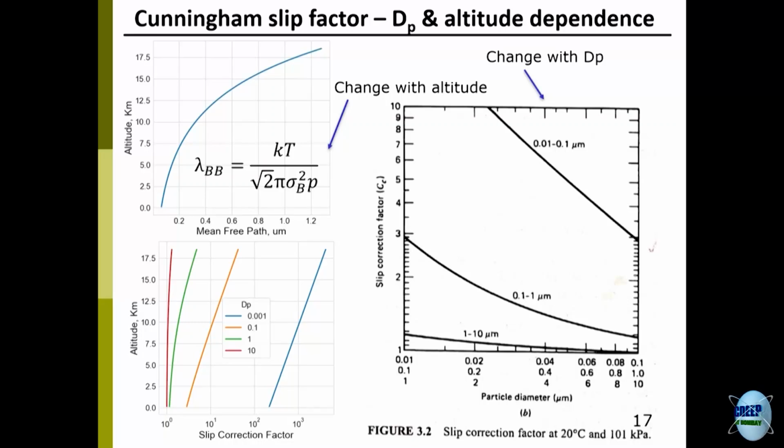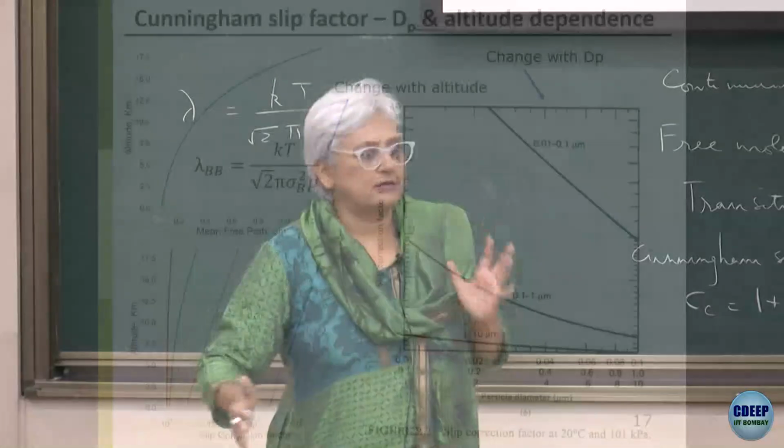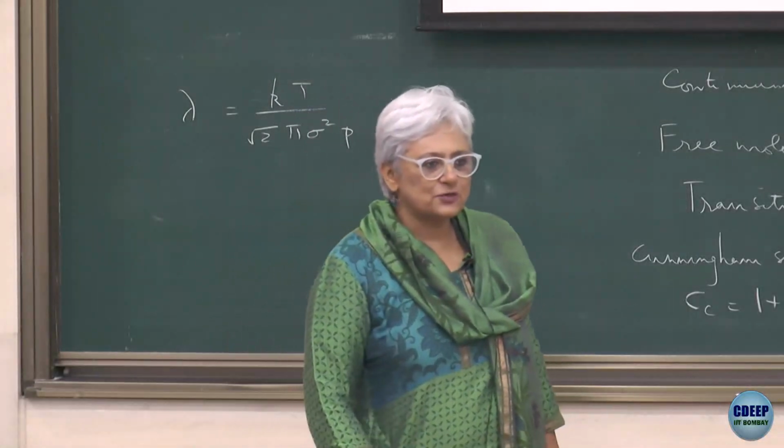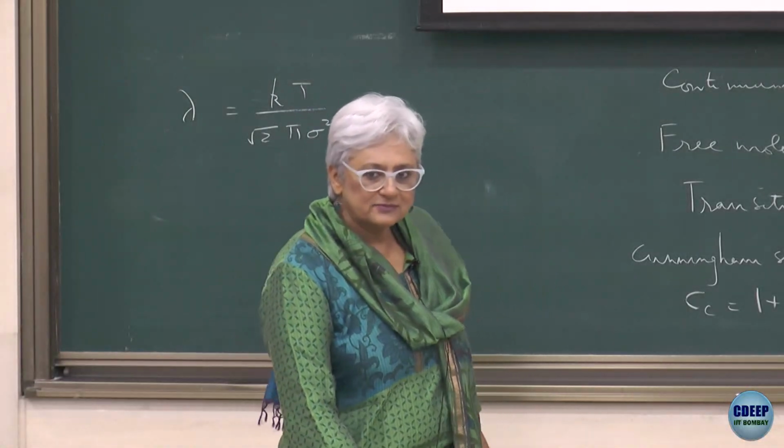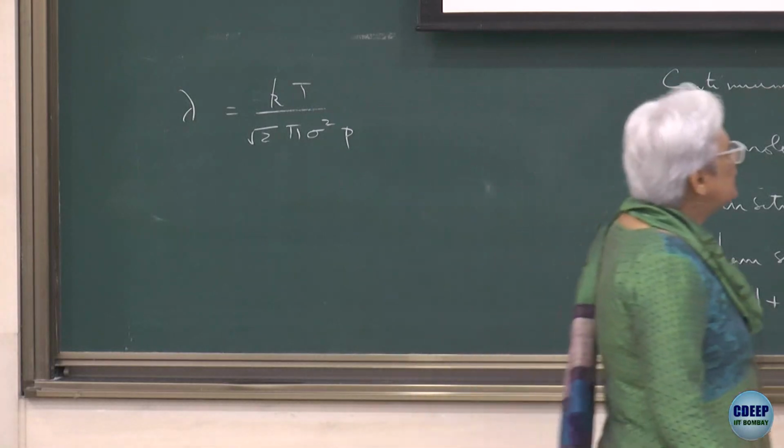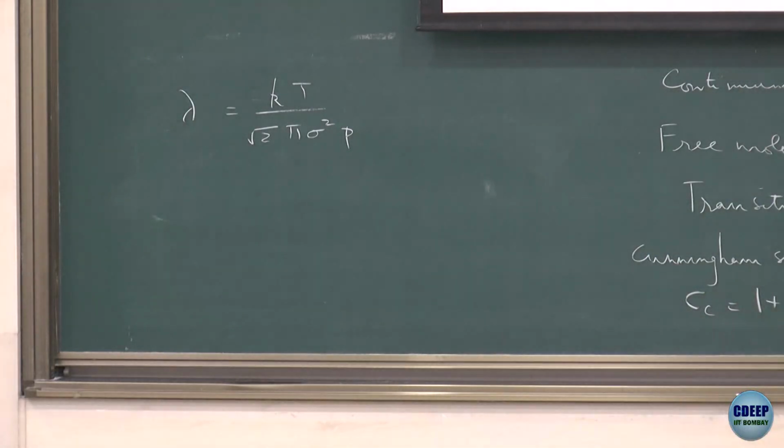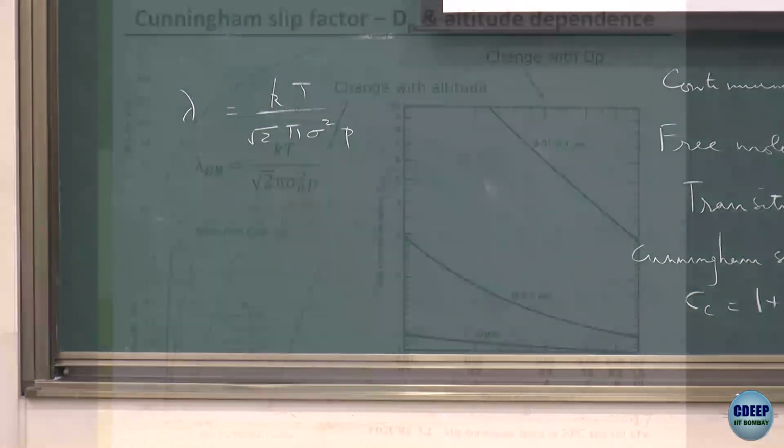So slip correction is very important for small particles at STP. It becomes important even for larger particles when you go to much smaller pressures, right? Which means that those particles then also start not experiencing so much drag, right? Any questions on this?